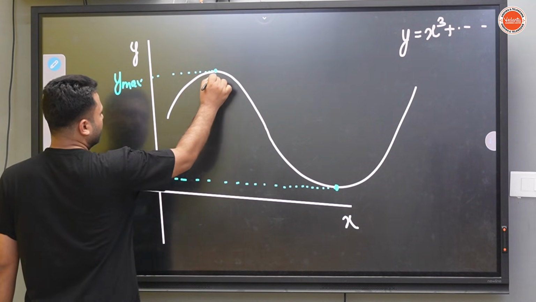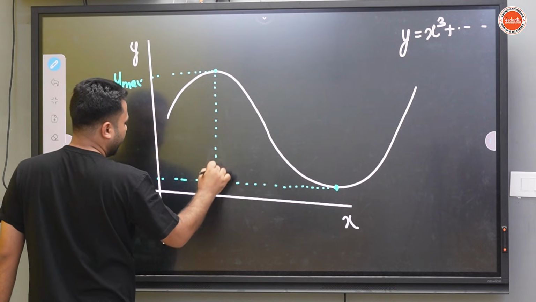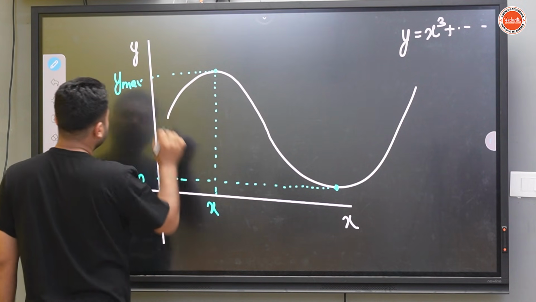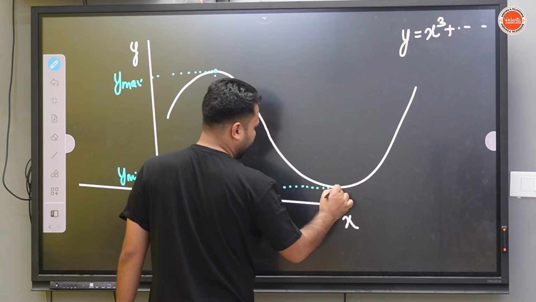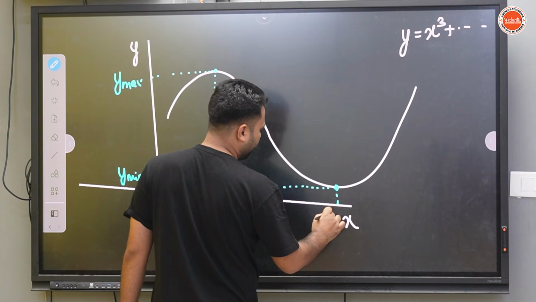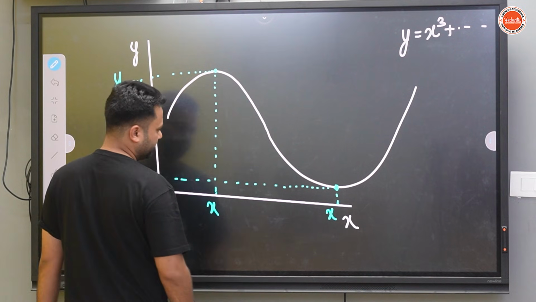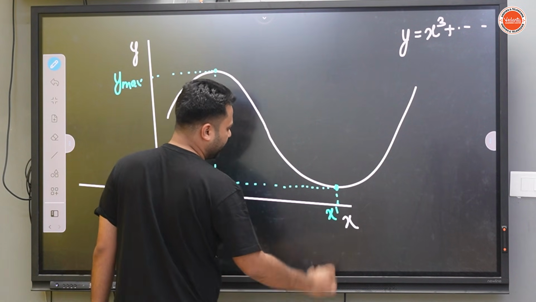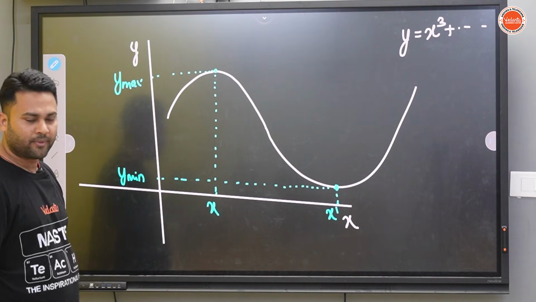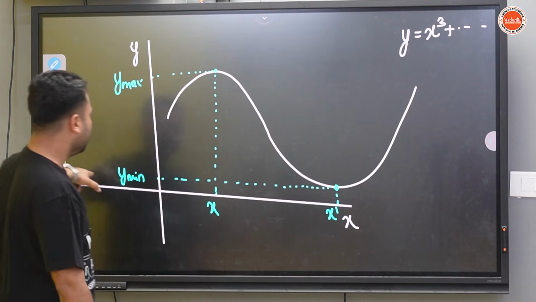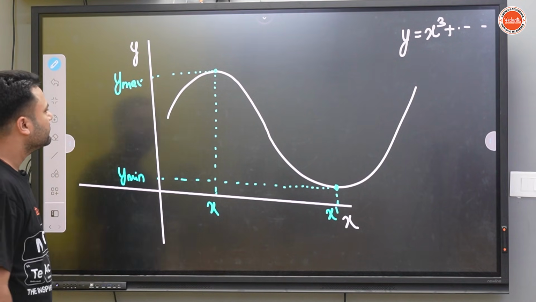So at some value of x we are getting the maximum value. Similarly, at some value of x dash we are getting the minimum value. So at x you are getting the maximum value. At x dash you are getting the minimum value. Okay.